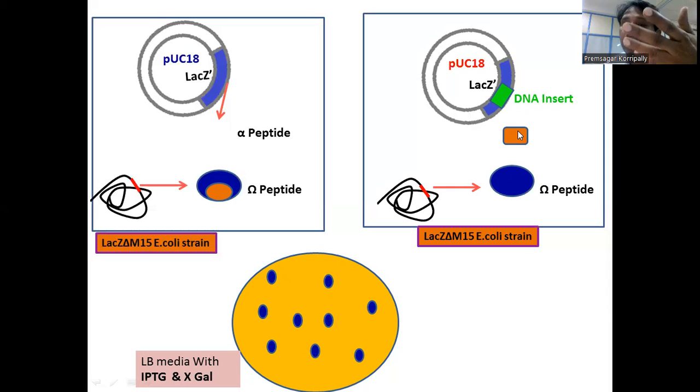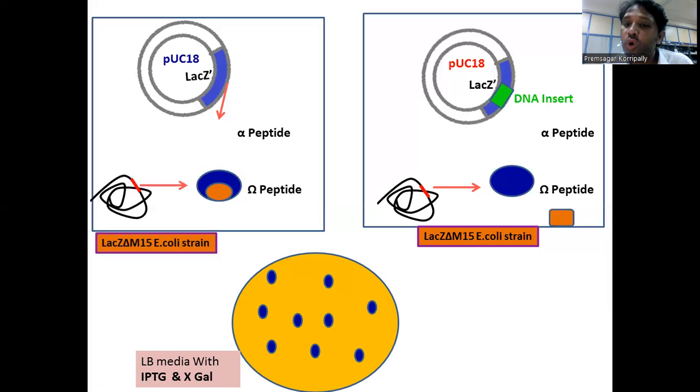So if it is not produced, then there is no association. If the alpha peptide is produced with a different configuration, this alpha peptide, which has lost its configuration, cannot bind with the omega peptide. You see?